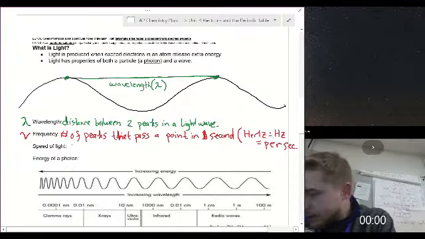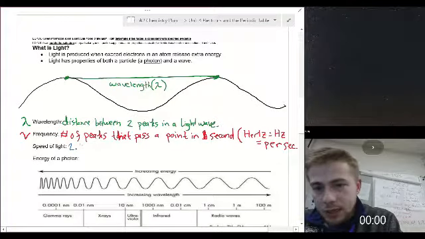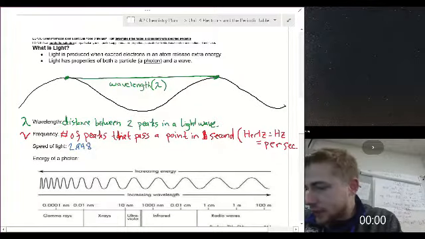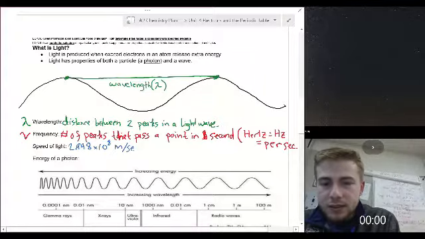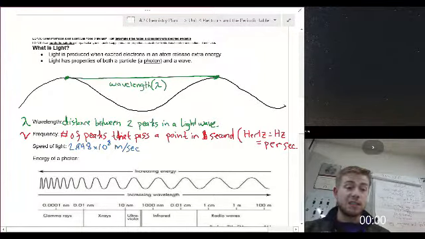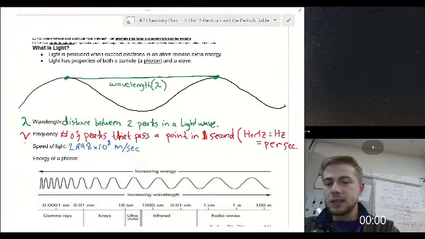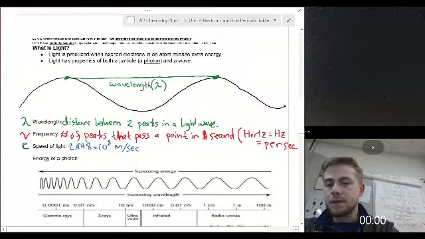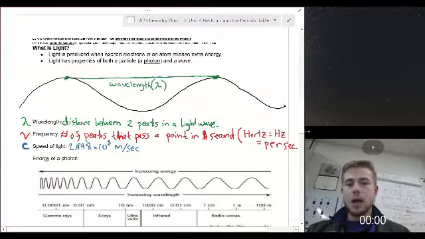The speed of light is 2.998 times 10 to the 8th meters per second. So it's very fast. Light moves very, very fast, which makes sense. And the abbreviation for the speed of light is c. Just a lowercase c.